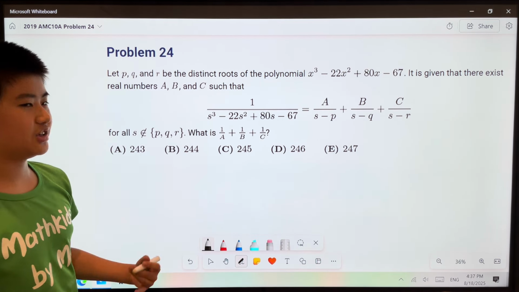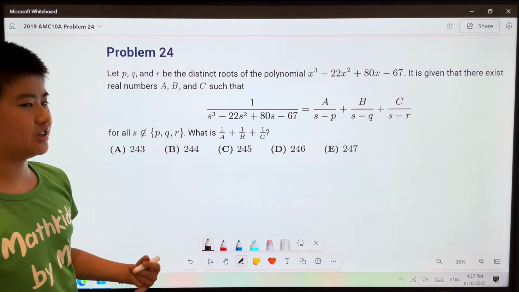So really the first step is to get rid of all of these fractions. To do that, you multiply by s minus p times s minus q times s minus r.